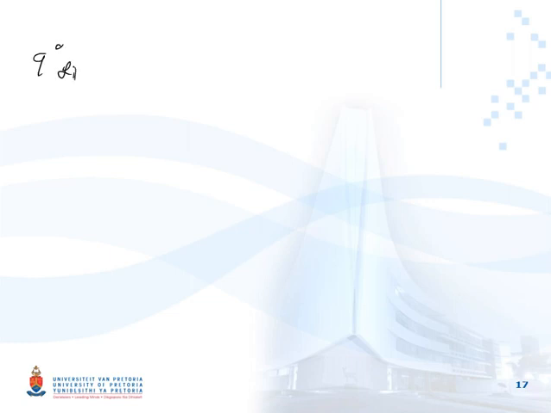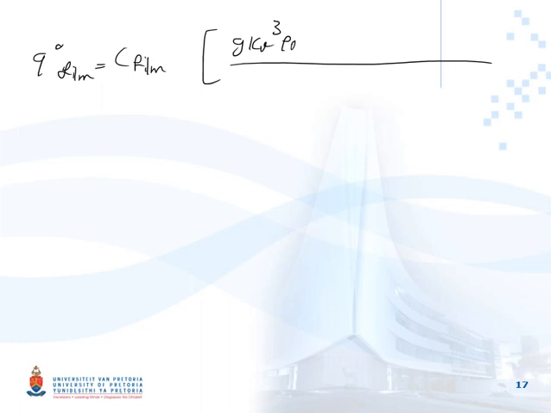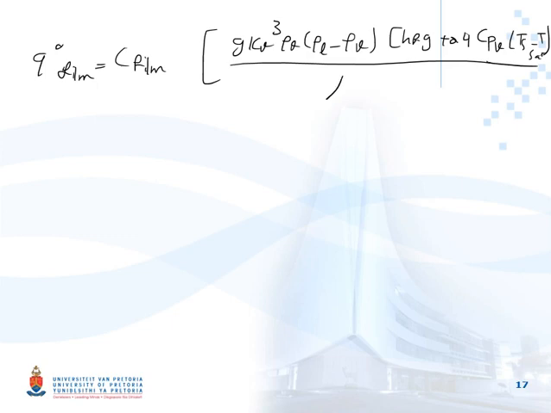Q dot film, C film, g k_v to the power of 3, rho_v, rho_L minus rho_v, h_fg plus 0.4 c_pv (T_s minus T_sat), divided by mu_v D (T_s minus T_sat). This is to the power of 1/4, and everything multiplied by T_s minus T_sat.